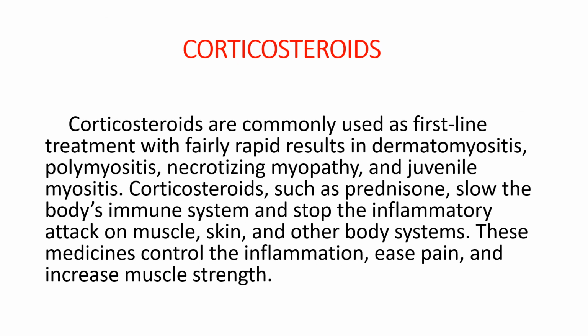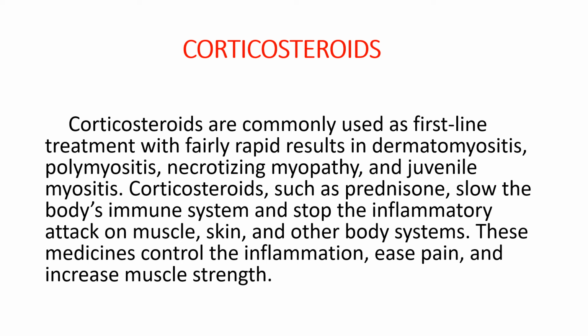Corticosteroids are the first line of treatment, mainly used for dermatomyositis, polymyositis, necrotizing myopathy, and even juvenile myositis. The drug of choice is prednisolone, 5 to 10 mg. It slows the body's immune system and stops the inflammatory attack on the muscles.